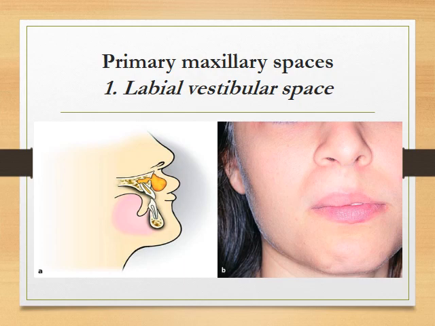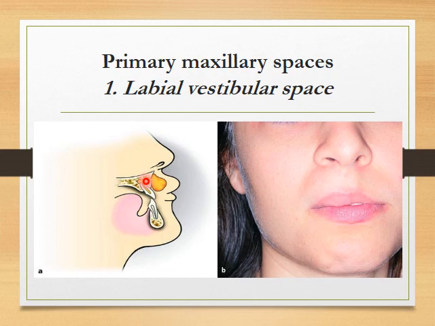The infection comes to this space from the maxillary central, and sometimes from the maxillary canine. Usually the roots are in close approximation with the buccal cortex of the bone.